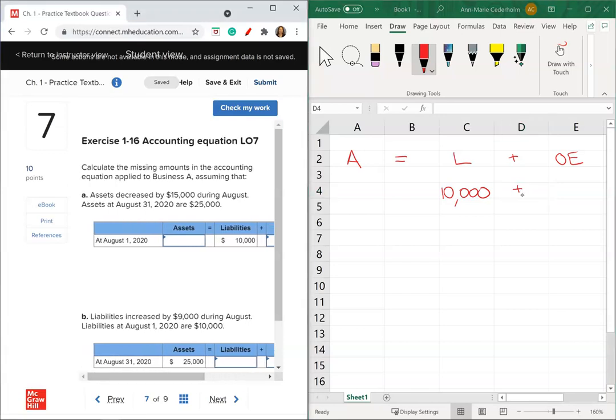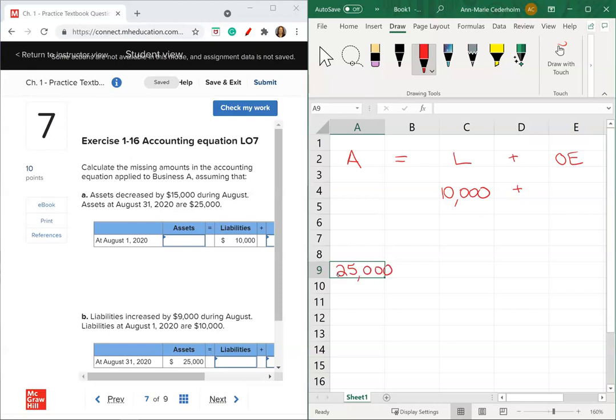It says here that assets decreased by $15,000 during August, and assets at August 31st, 2020 were $25,000. So I know that at the end of August, my assets were $25,000.